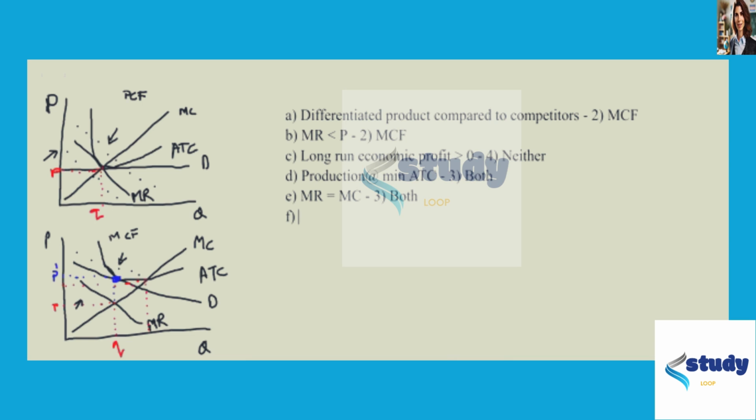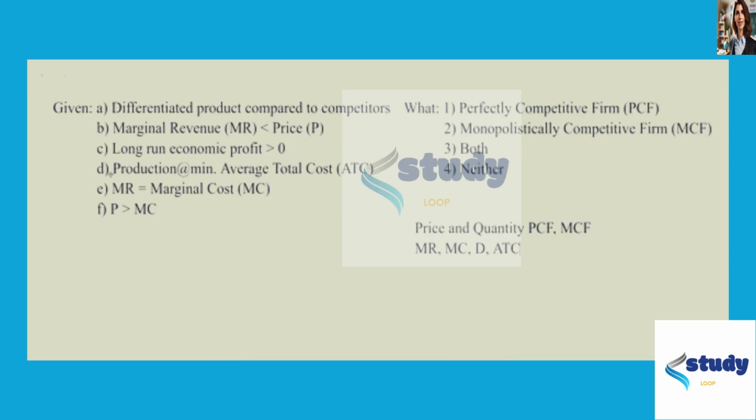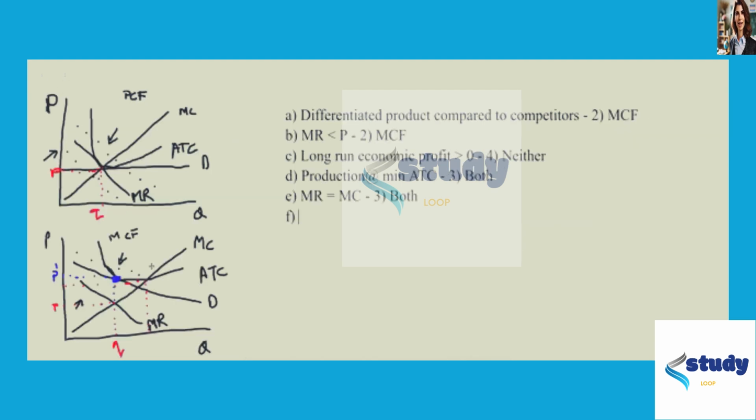Now finally, characteristic F says that it's a firm that's producing at prices higher than the marginal cost. Here, we see that the perfectly competitive firm produces at the price level where the marginal cost equals the price.